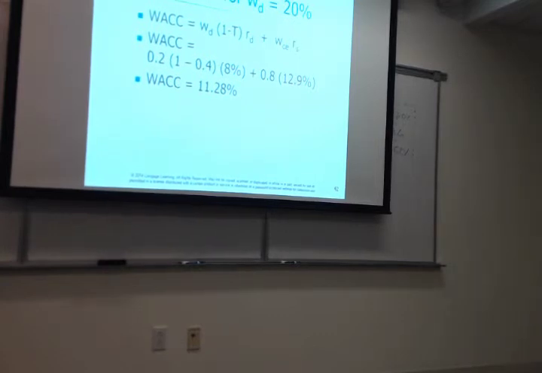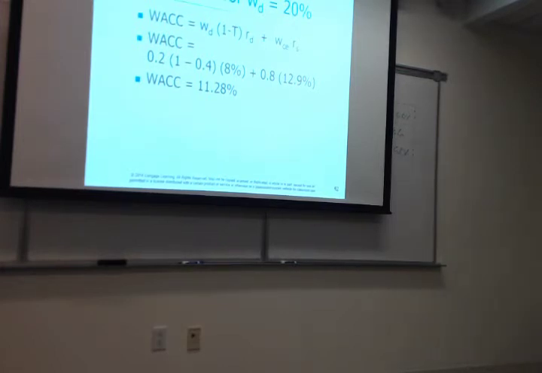Now, what was our WACC before we started this process when we had 0 debt? The WACC was 12%. So it used to be 12%. Now it's 11.28%.